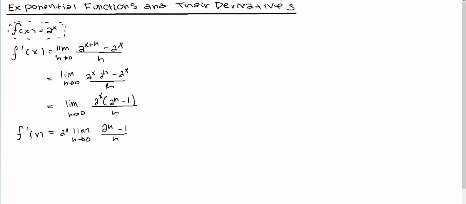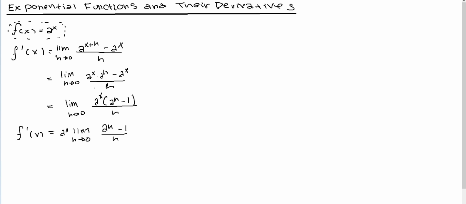Now, using our exponent principles, we know that a^x times a^h is equal to a^(x+h). So (a^(x+h) - a^x) over h, we can factor out an a^x, leaving a^x times (a^h - 1) over h.